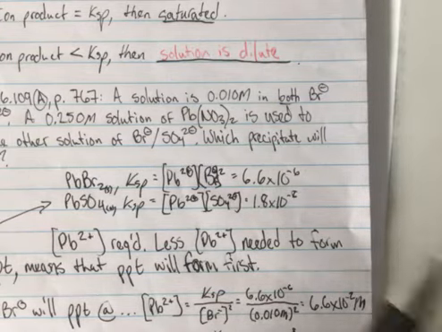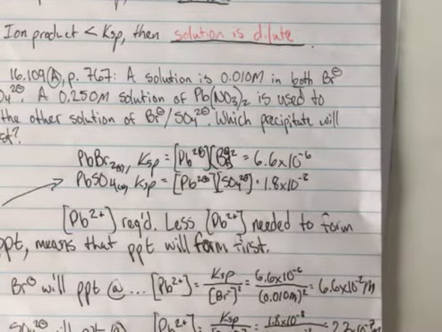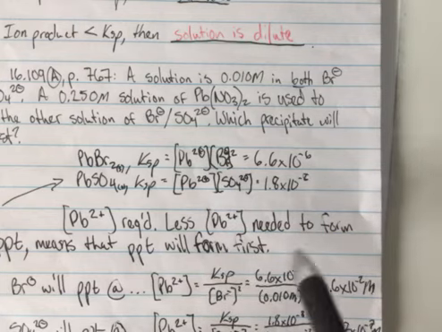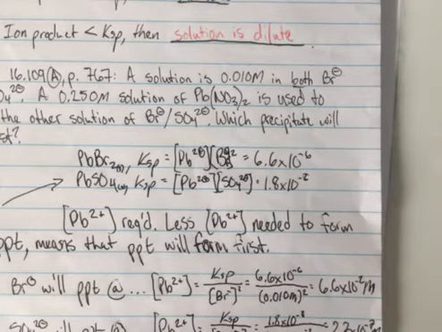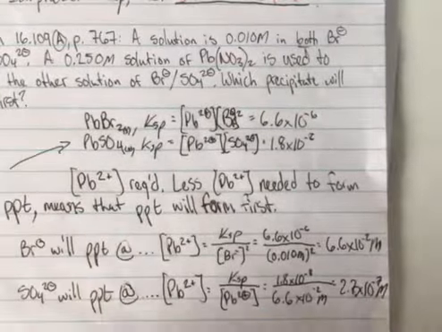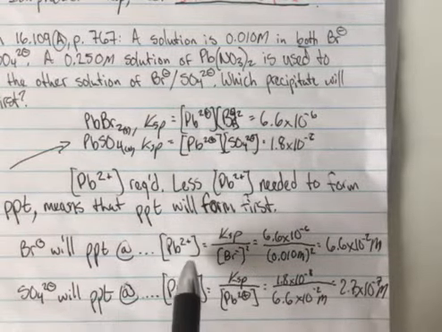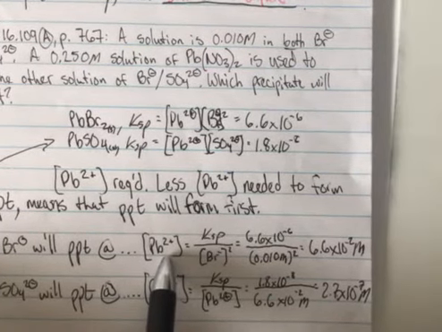Okay, so lead 2 plus is required. So in other words, the less lead that's required or needed to form a precipitate, that means that precipitate will form first.